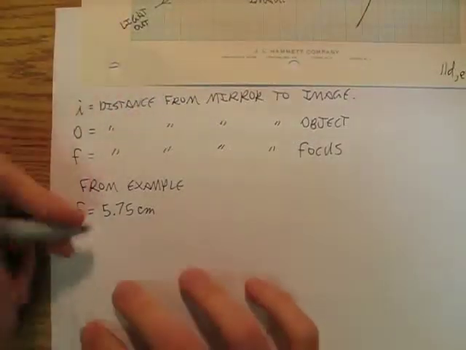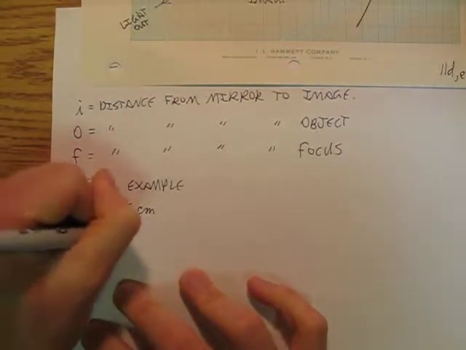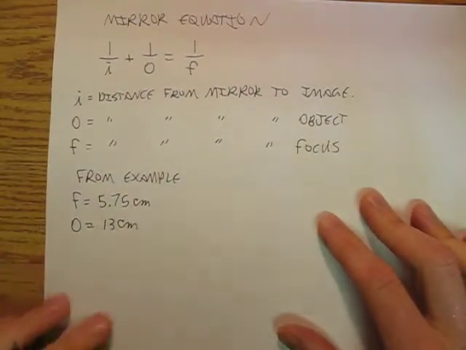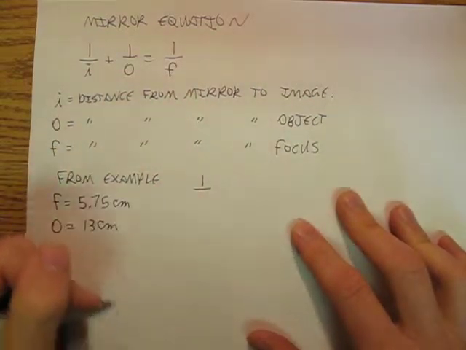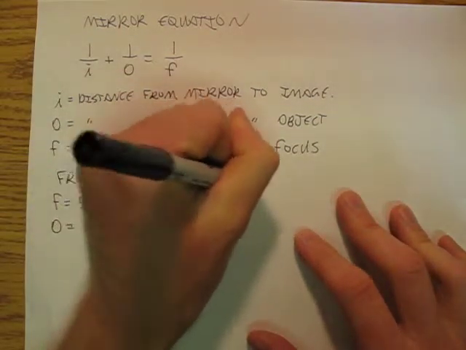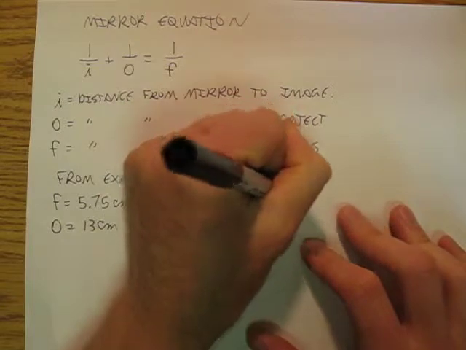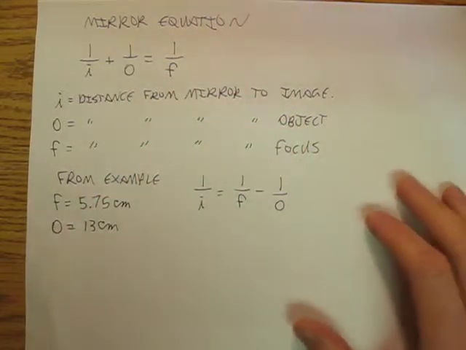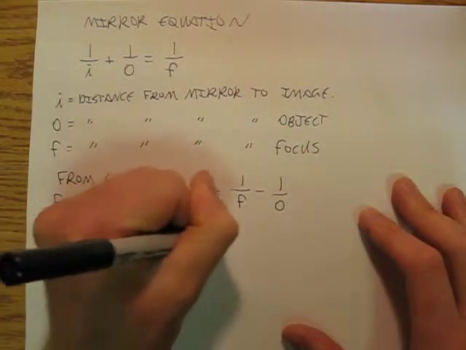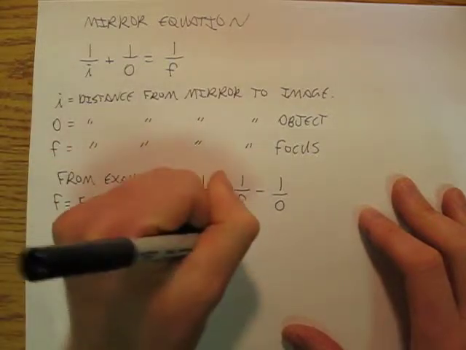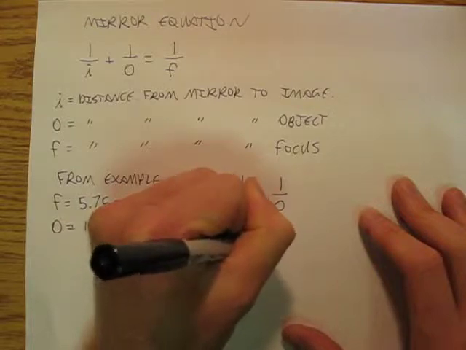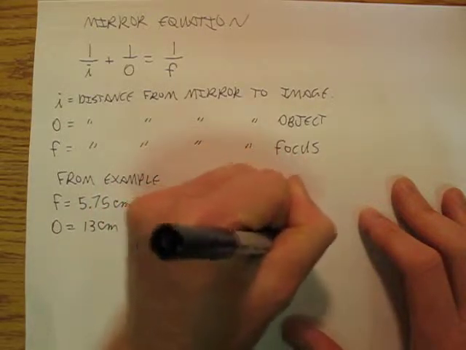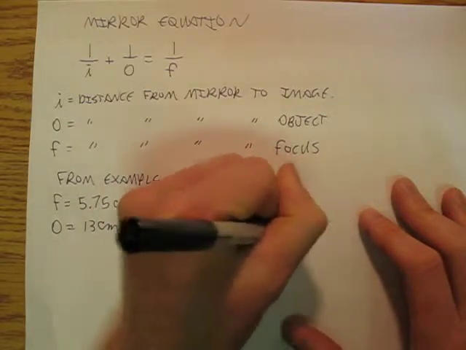My object was located at 13 centimeters. And so I'm going to take this and rearrange it, and I'm going to say 1 over I is equal to 1 over F minus 1 over O. So 1 over I is equal to 1 over 5.75 centimeters minus 1 over 13 centimeters.